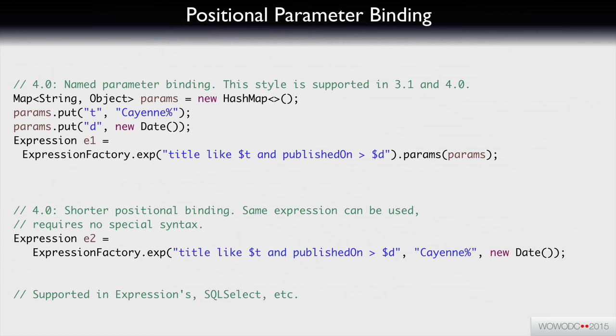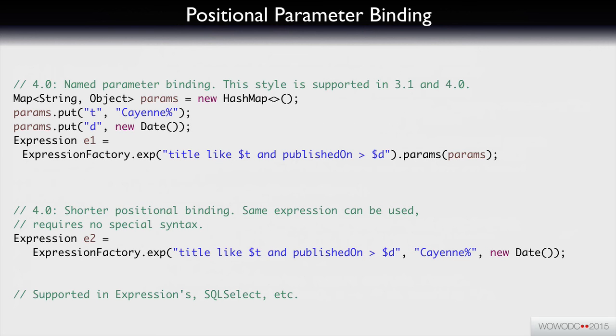Okay, so that was iterators. Now positional parameter binding. It's kind of nice. Traditionally, we have many places in Cayenne, and specifically in expressions and qualifier expressions, where we have parameters, and binding parameters in Java, you have to build a map, and this takes lots of code. So we figured that even though parameters are named, we can still use their positions in a var-arg array to do bindings.